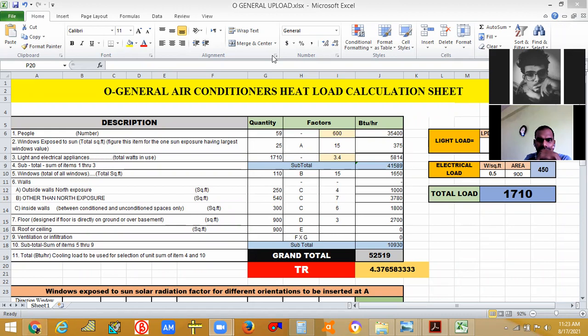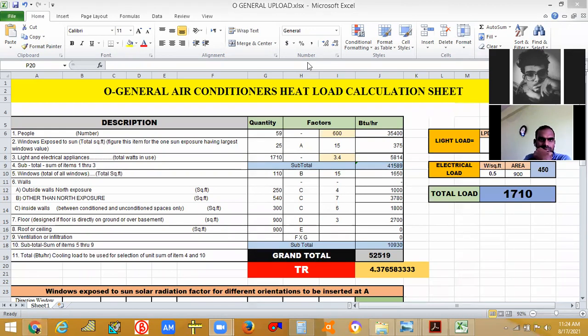Why are we not considering the unconditioned floor? We are just dealing with the conditioned space only. We are going to find the air conditioning for our lecture classroom, right?